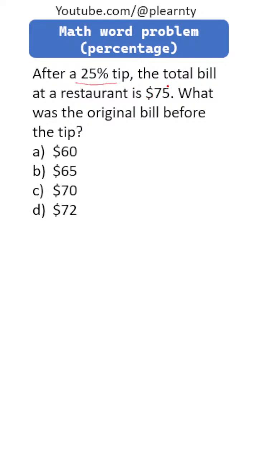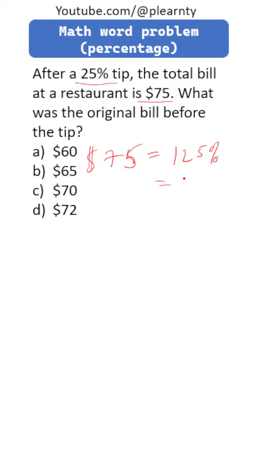They now give a total of $75. What is the actual price without a tip? So it means that this $75 is 100% plus 25%. So this is equal to 125%.